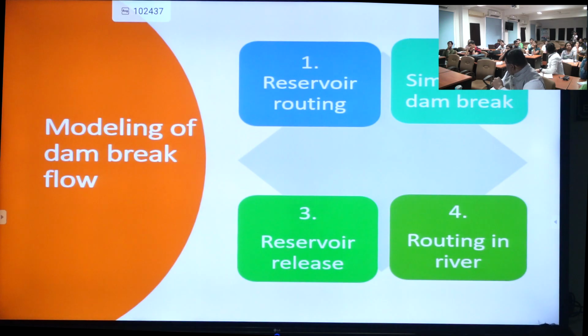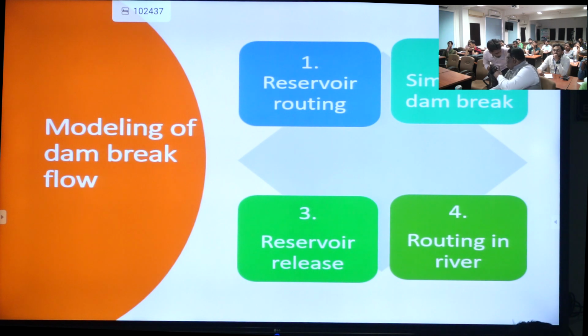Then number two is the dam break process itself, meaning what will be the breach size the user has to give, how much time it will take, and how much depth will come when it breaks.